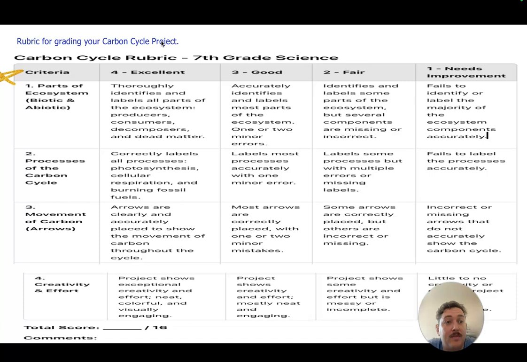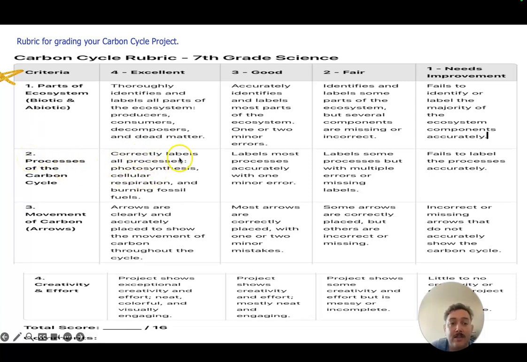First let's go over the rubric. So take time, pause the video, and you'll see how you are going to be graded on your Canva project. A perfect project will be a total of 16 points. 4 points for part 1. If you have all parts of your ecosystem, you get 4 points for that. 2, processes of the carbon cycle.